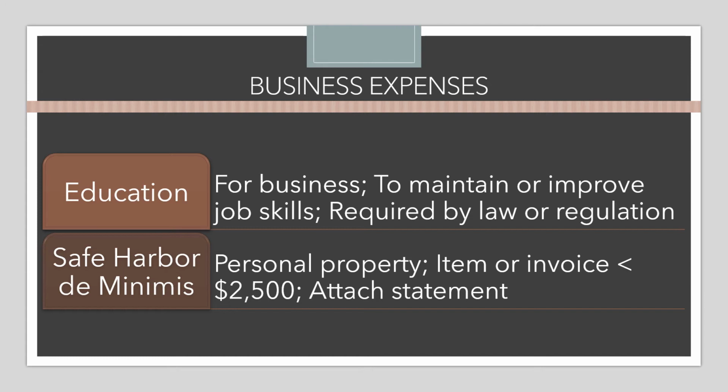But the de minimis allows businesses, so long as it's part of their regular accounting procedures, to expense items if the item or the invoice is less than $2,500 each, or if they have a different policy that's a lower amount, then they would be expensing that lower amount. And then they would need to attach a statement saying that this is the safe harbor de minimis in order to expense this item.